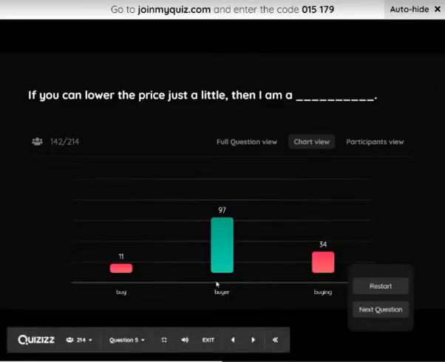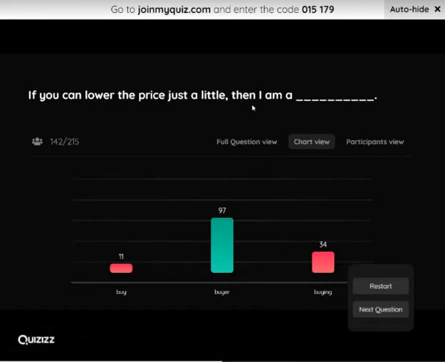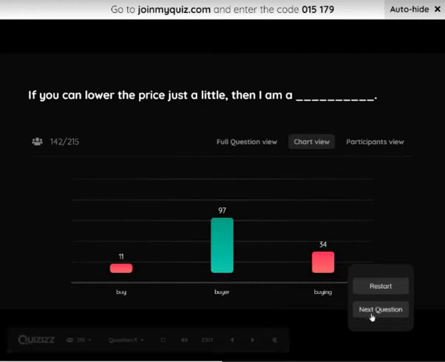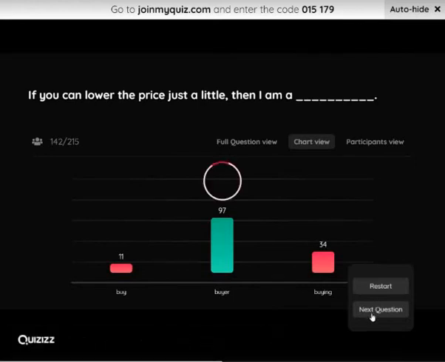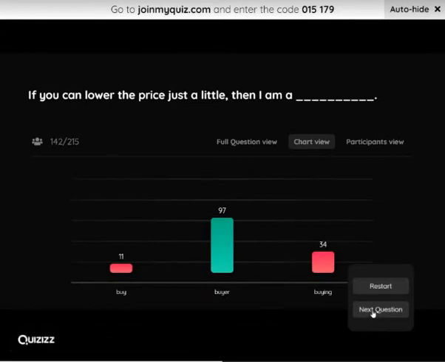Yes, you need the agent noun, a buyer. I am a buyer. All right. It means that if you lower the price, then I will buy the product or the good. Yeah. So that's really good. Most of you got the correct answer. Let's go to the next question.